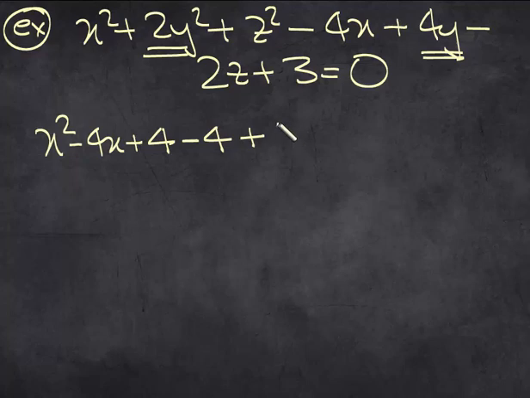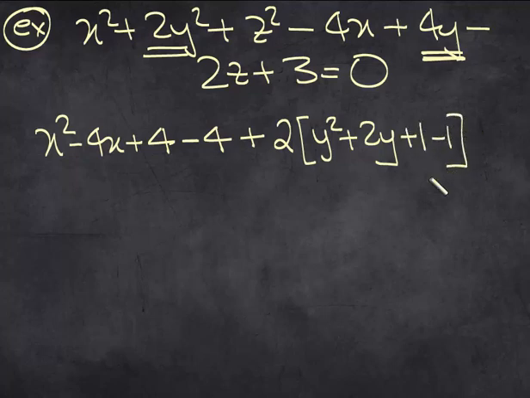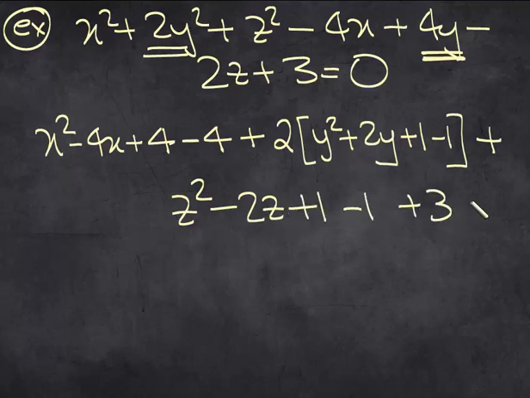So I'll have to take out a 2. So I get y squared plus 2y, because I have to take out a 2 from the 4y term too. And then I'm going to add 1 and subtract a 1. Plus, I get z squared minus 2z plus 1 minus 1 plus 3 is equal to 0.